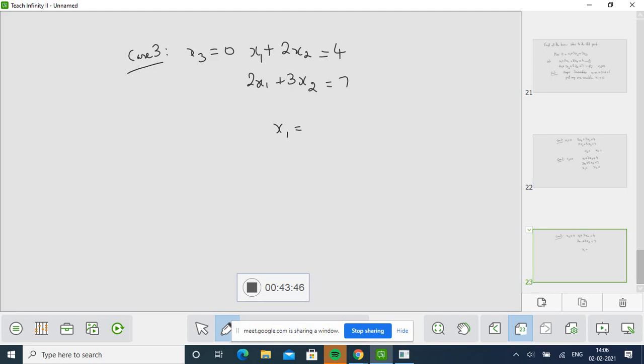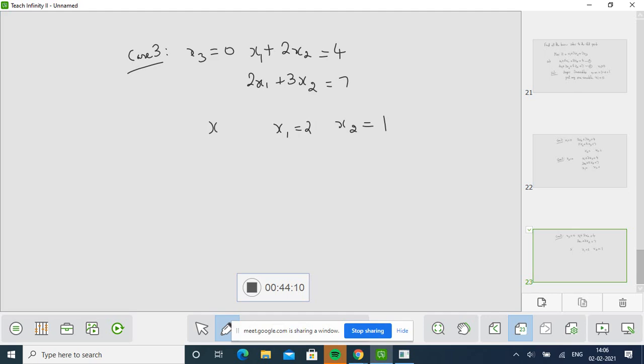Now give me x1 value, x2 value. Here 2x1 means 4x2, so 4x2 and 8, which means x2 is 1. If x2 is 1, x1 is going to be 2. So 2 into 2 is 4 plus 3 is 7.